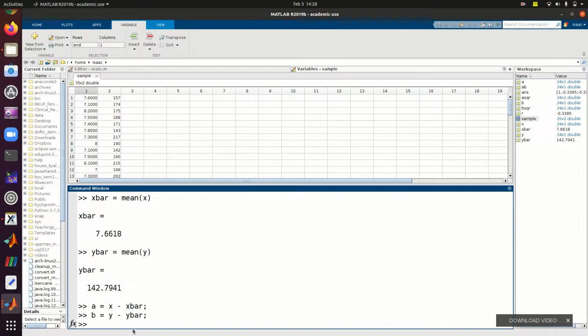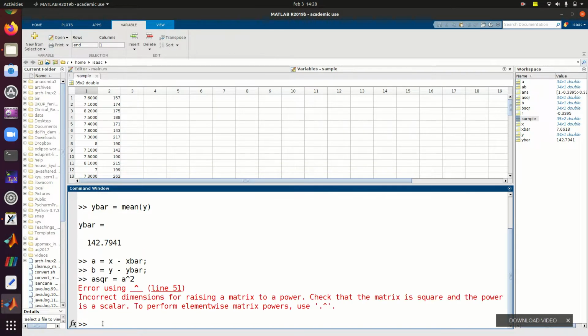So what else are we interested in? We have x minus x bar then squared. But x minus x bar, we called it A, so we can call this one A squared. Ideally, someone would say x minus x bar squared is the same as A squared. So let us try this. We can put A, then we can put squared.